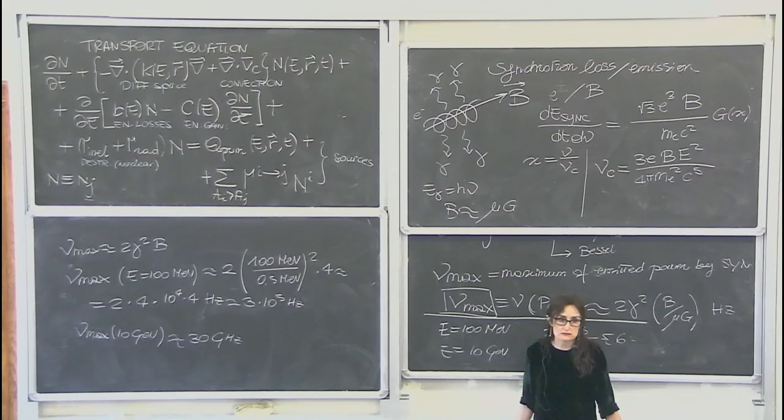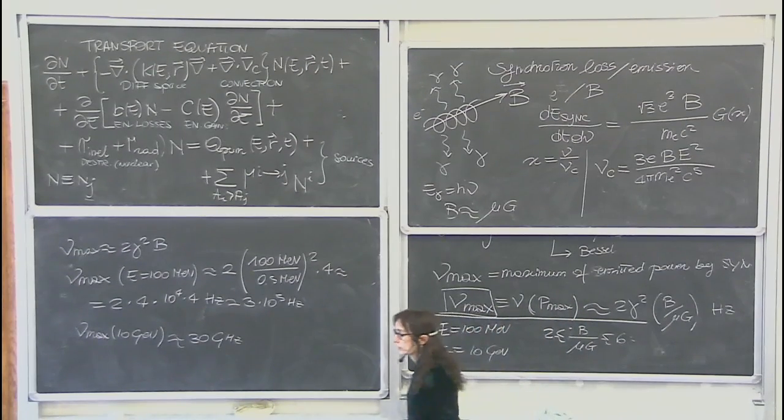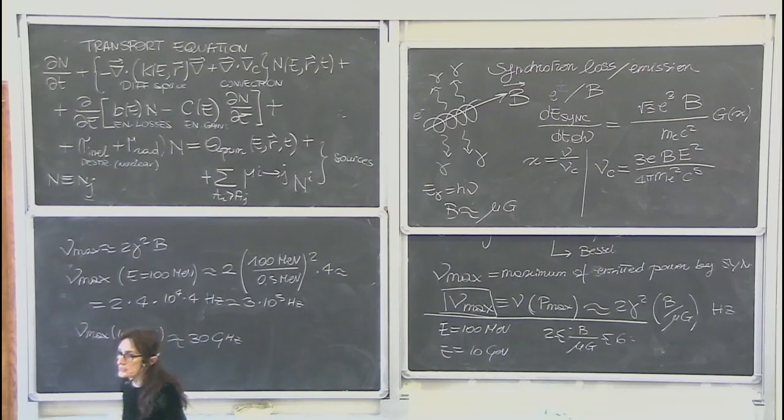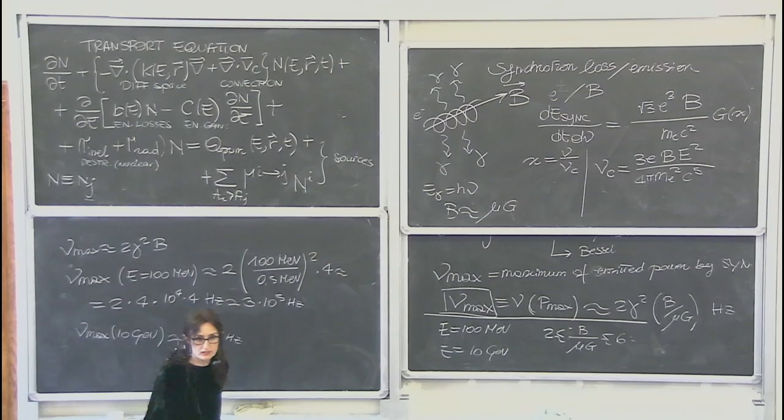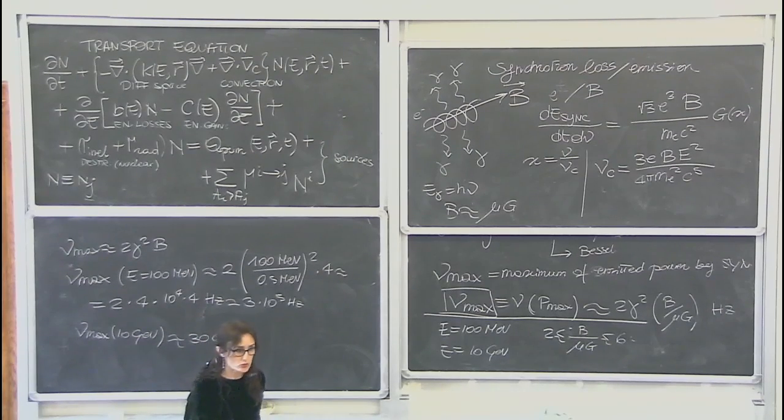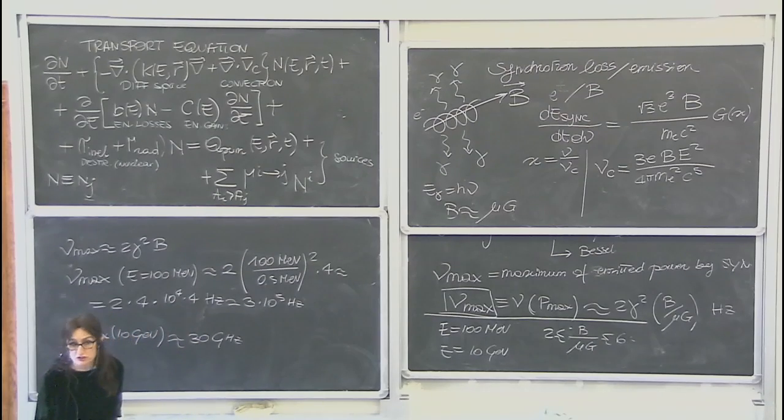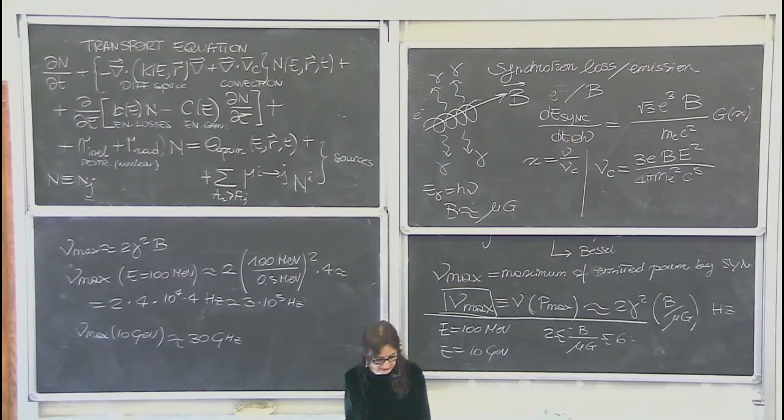So depending on the energy of electrons, we have a synchrotron radiation, which is mostly in the radio band, and which can be measured by radio antennas, by radio telescopes. So if you know that there is a source which is losing energy by synchrotron, you should make an estimation of the energy of the electrons, and then you can estimate which is the most convenient frequencies at which to tune or build your telescope.